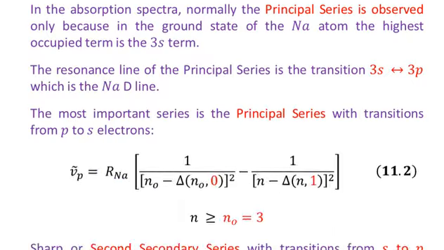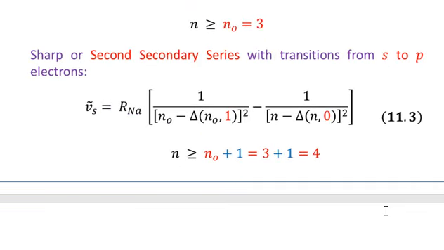And for the secondary series, we can similarly give the formula. This is represented by nu S, and this S stands for sharp, so the subscript S is taken from sharp. So nu S means that the wave number is being specified for the sharp series.